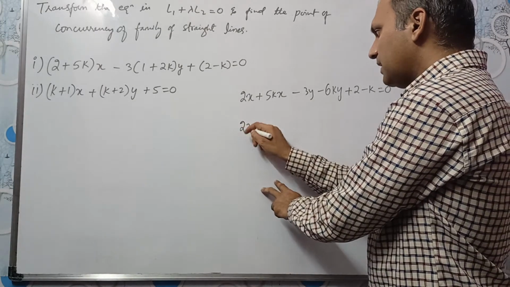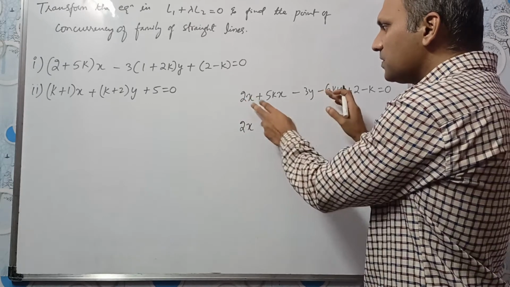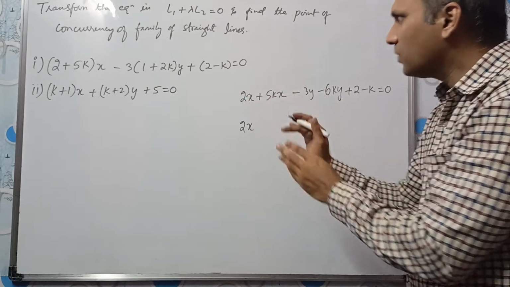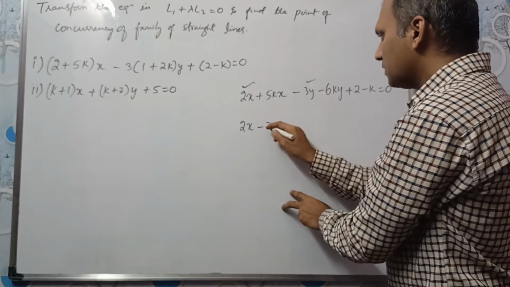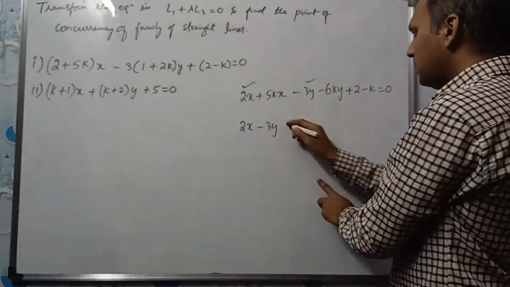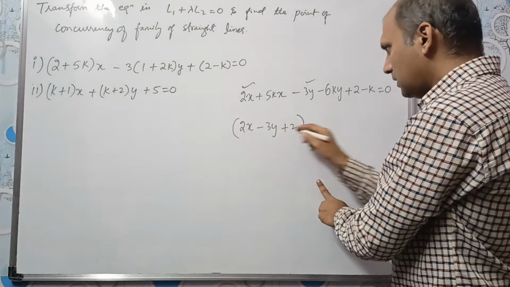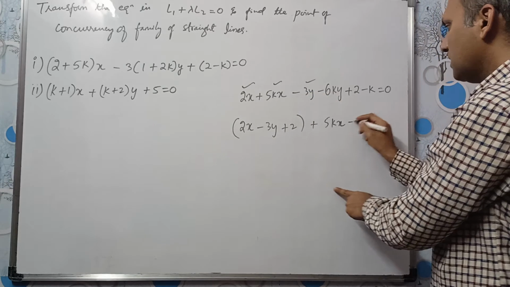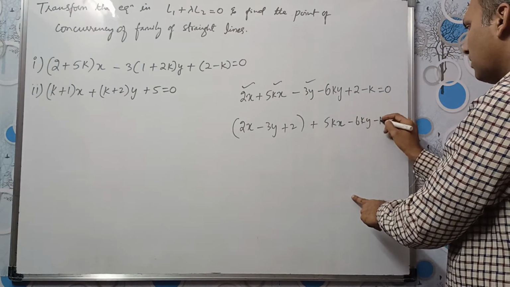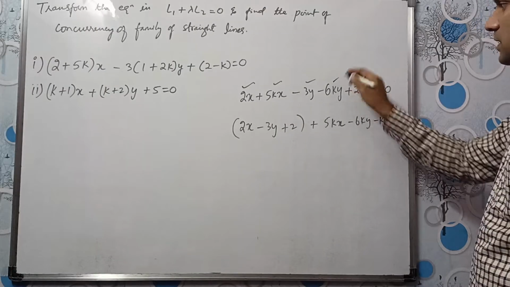So x values. We have 2x. See, the terms which are not having k values, I am writing on one side. So this is 2x, this is not having k, so this is minus 3y and plus 2. Plus 5kx, this term minus 6ky minus k is equal to 0.